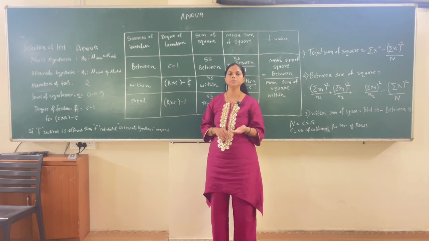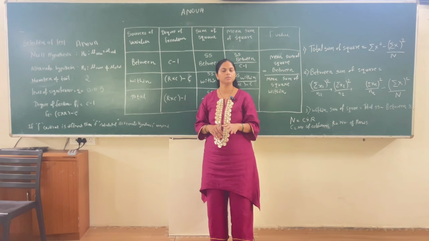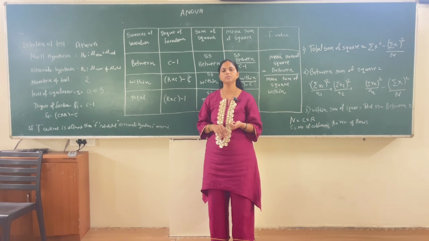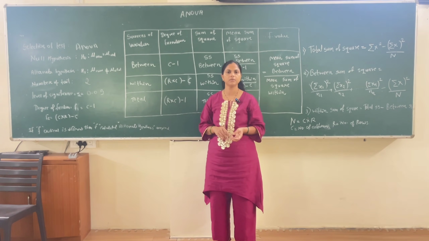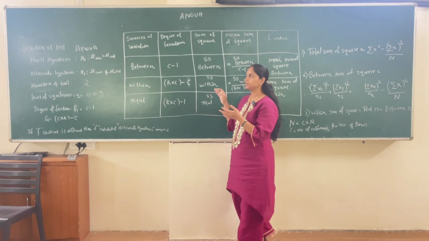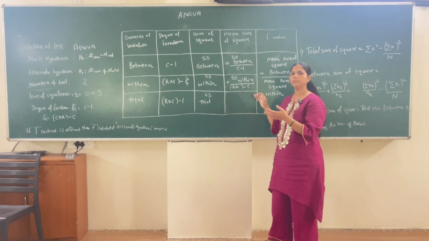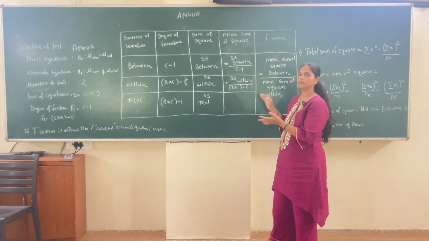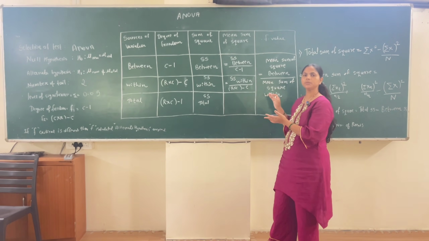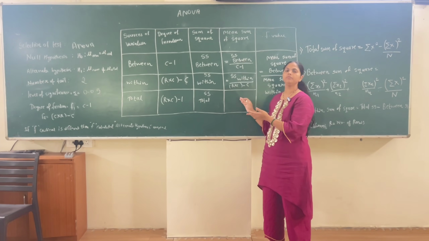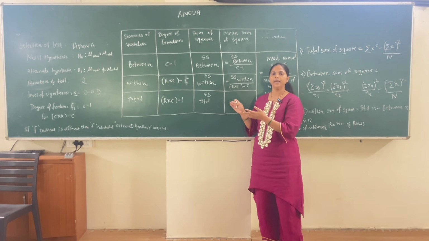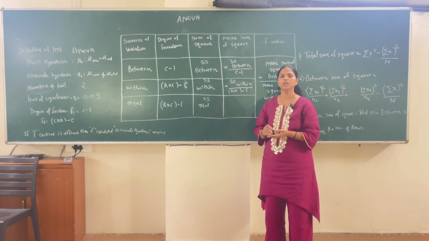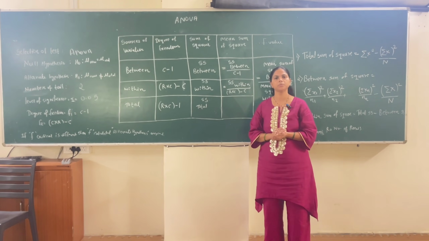Null hypothesis means there is no significant difference, while alternate hypothesis says that there is a significant difference. With these formulas we will be able to calculate the ANOVA table, calculate the F values, and decide whether to accept or reject the null hypothesis or the alternate hypothesis.